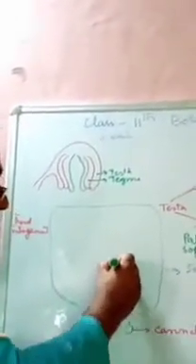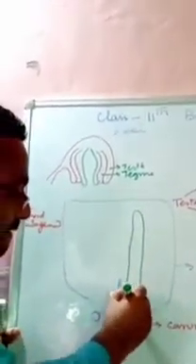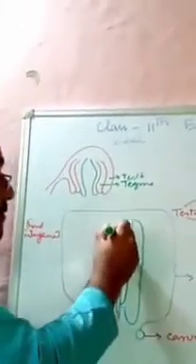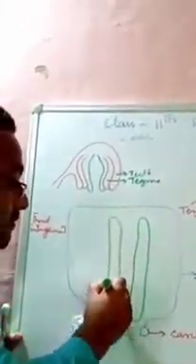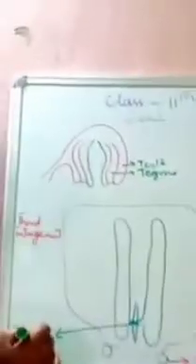If I draw the diagram, this is simply where they meet. This is the cotyledonary node.